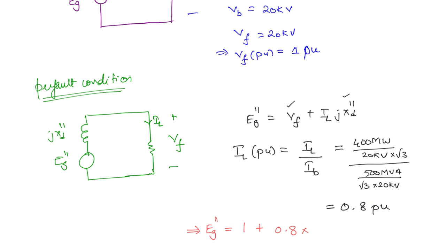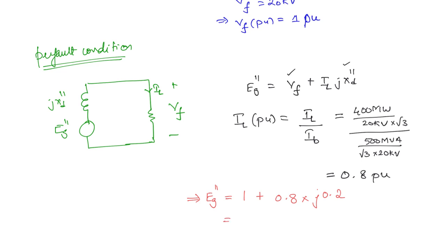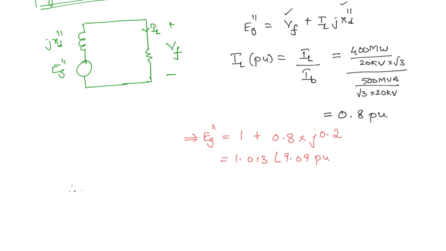So 0.8 into j0.2. Here you are going to get 1.013 angle 9.09 per unit. Once you know EG", then you can find out the fault current from the post-fault circuit.